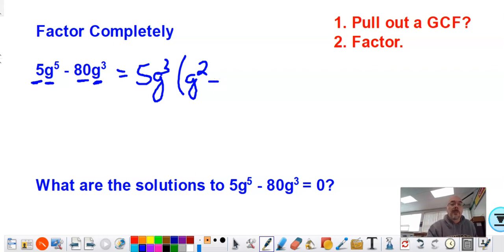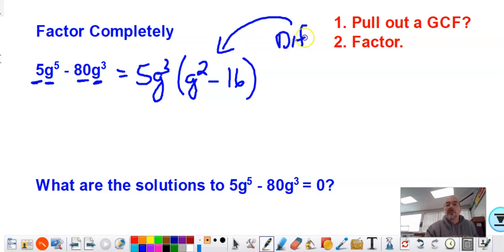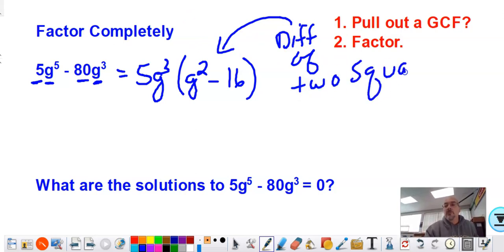Minus, let's see, 5 goes into 80. That's 16 times, okay? Now, if I go backwards, I should get 5g to the 5th minus 80g cubed back. Now, do you recognize this? Difference of two squares.